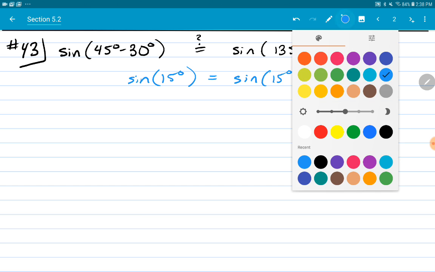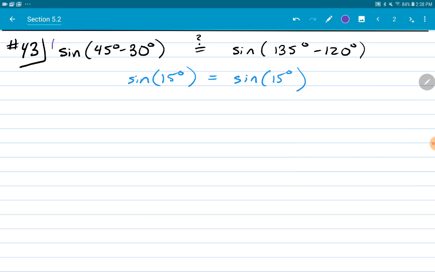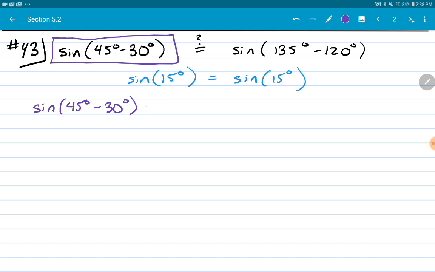So using the sum identity for this one first, that is that the sine of alpha plus beta, or 45 degrees minus 30 degrees, equals the sine of 45 degrees times the cosine of 30 degrees minus the cosine of 45 degrees times the sine of 30 degrees.